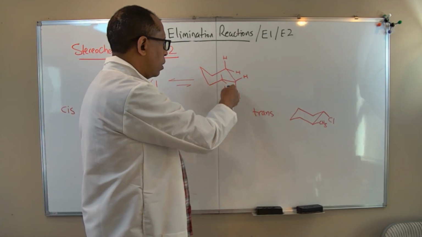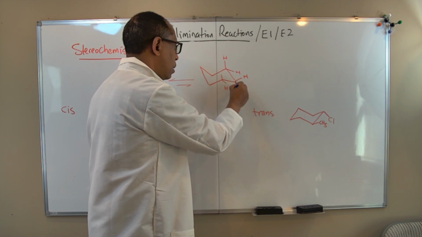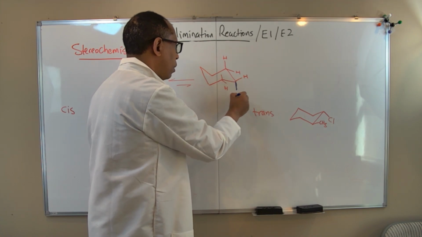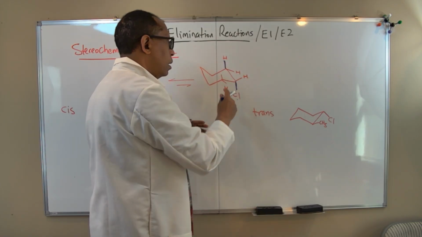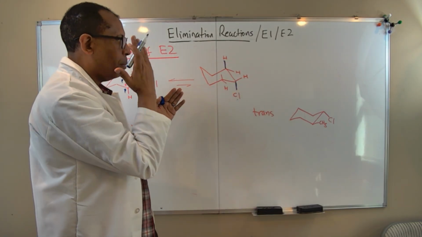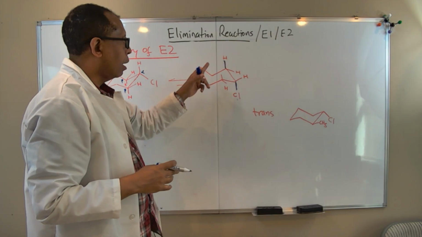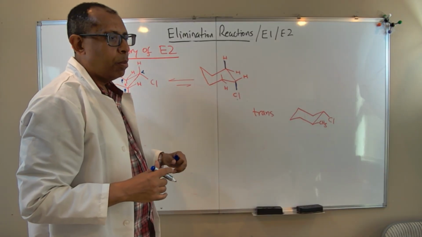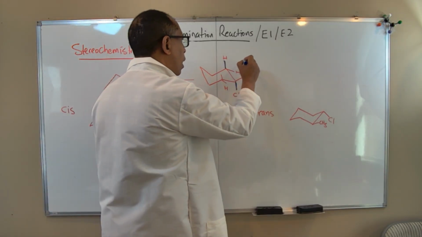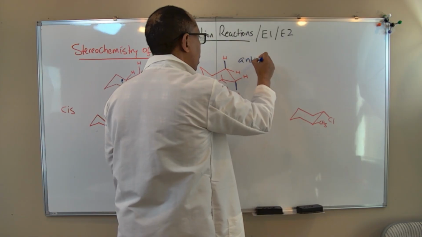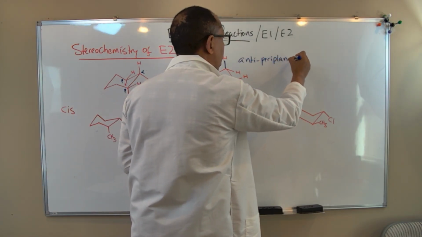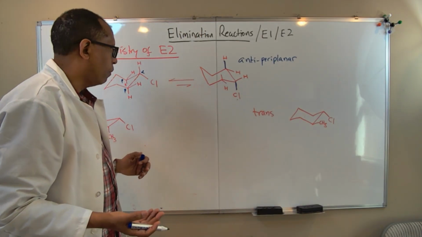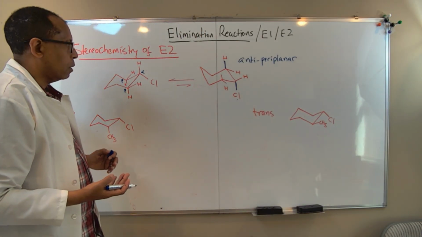If you look at this carbon-chlorine bond and this carbon-hydrogen bond, they are on the same plane. At the same time, they are antiperiplanar. So this has the antiperiplanar arrangement that's required for an E2 reaction.